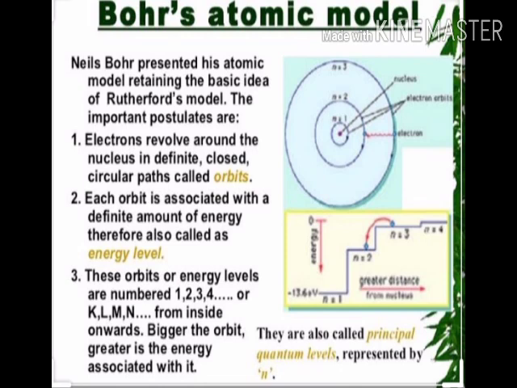These orbits or energy levels are numbered 1, 2, 3, 4 or K, L, M, N, and so on from inside onwards. The bigger the orbit, the greater the energy associated with it. They are also called principal quantum levels, and they are represented by n.